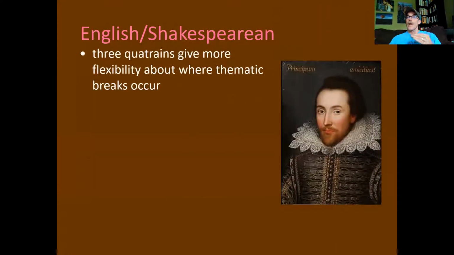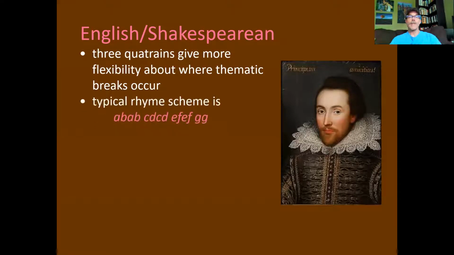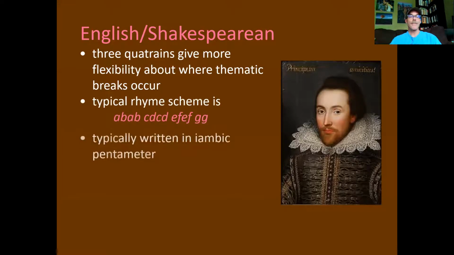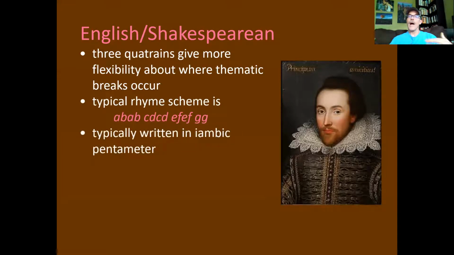Not only does the quatrain and couplet give you some wiggle room with respect to rhyming, but if you think about each of the stanzas as something like paragraphs, then we've got all kinds of flexibility about where little thematic breaks can occur. The typical rhyme scheme, as I said before, is A, B, A, B, C, D, C, D, E, F, E, F, G, G. This is typically written in iambic pentameter. English is roughly an iambic language, so the tonic syllable is the second, not the first, in most English words.